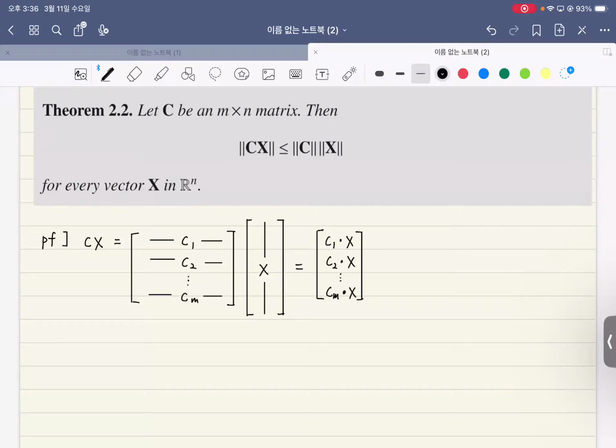Because this times that, and this times that, and the summation altogether is precisely the dot product. Therefore, the length of this vector is nothing but the length of that vector. So we square each of these entries, take a summation, and lastly take a square root.